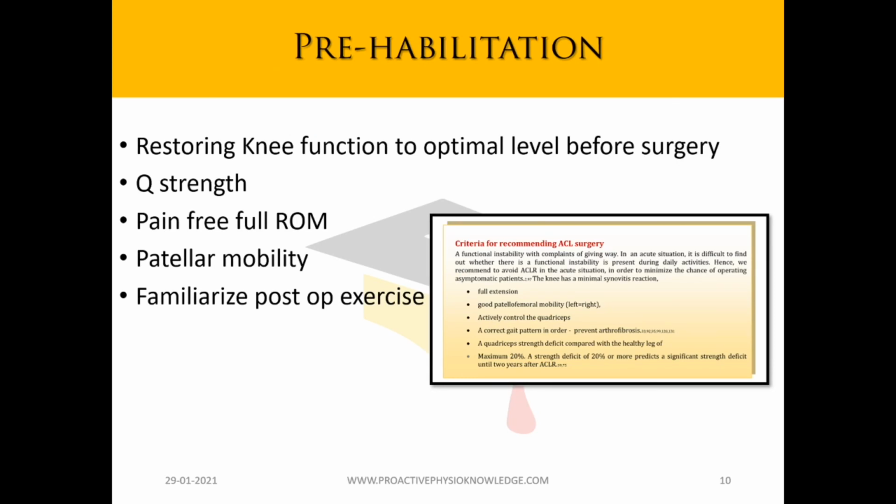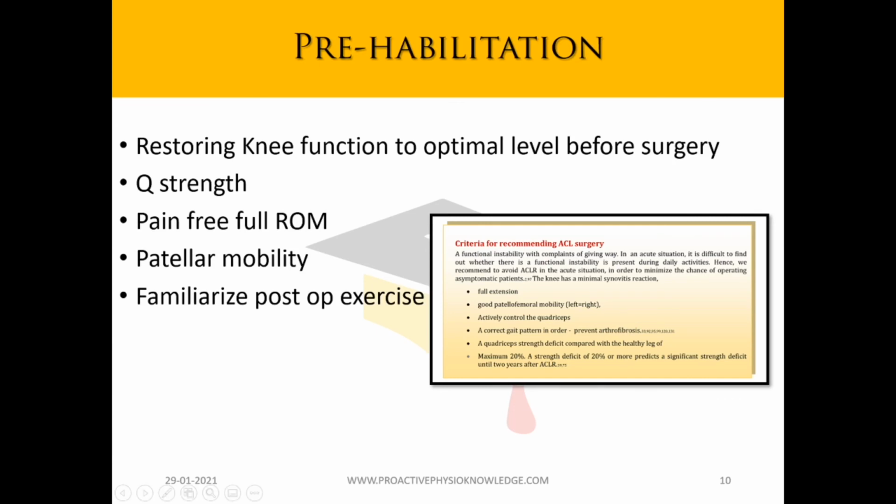Now the prehabilitation part. A thorough prehabilitation aims at restoring the knee to the optimal functional level before the surgery. There has to be good quadriceps strength, full range of motion, and no pain, patella mobility has to be equal on both sides, and the patient should be familiarized with the post-operative exercises.